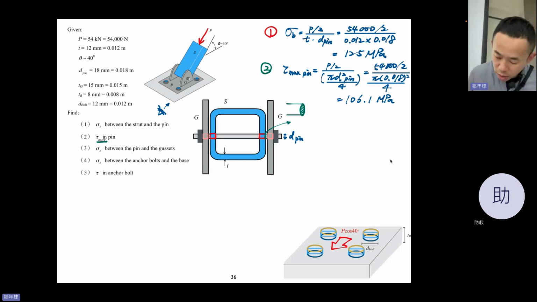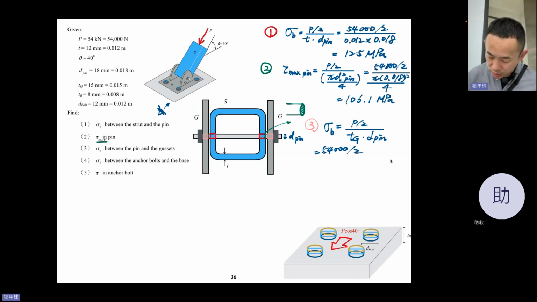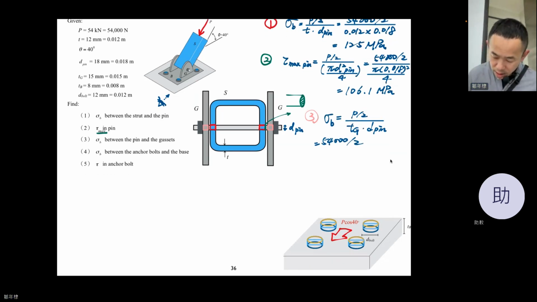So, third: sigma bearing in the pink area, between the pin and gusset, equals half P divided by t_G times the pin diameter. This is the area of pink. So it equals 54000 divided by 2, over 0.015 times 0.018, which equals 100 MPa.